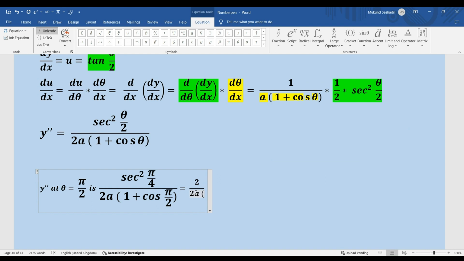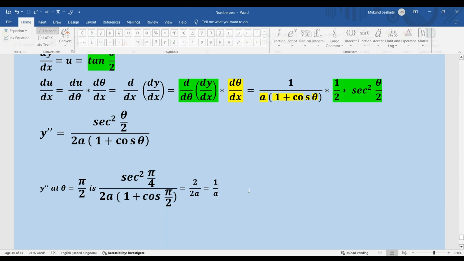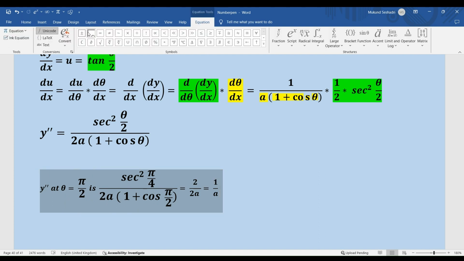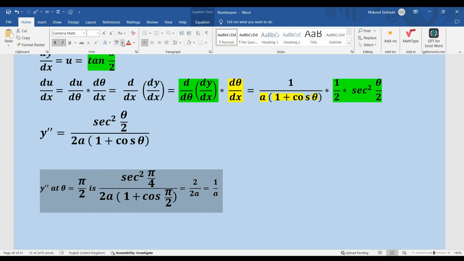My cos of pi by 2 is a 0, so which means I have a 1 plus 0, which makes it a 1, and I'm left with 2 by 2a, which is 1 by a, right? Therefore, we have proved what we have been asked to. My y double dashed at theta equals pi by 2 is equal to 1 by a, right?